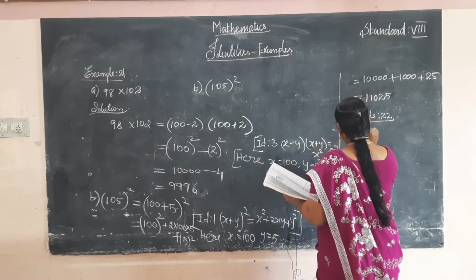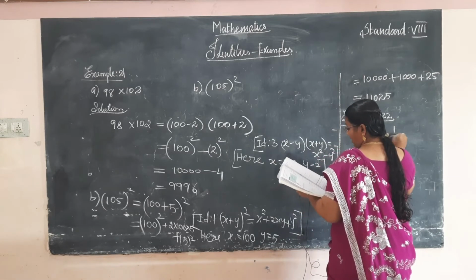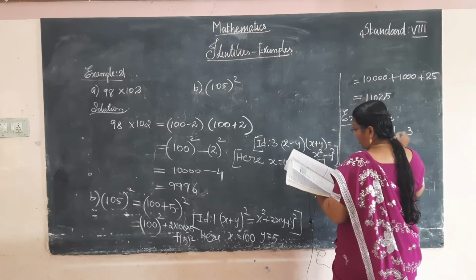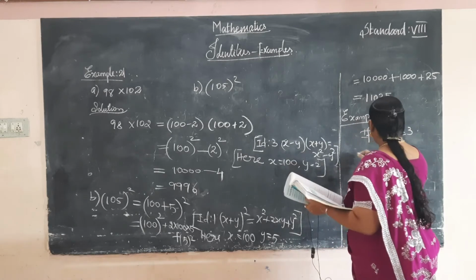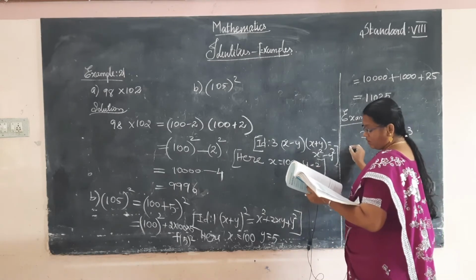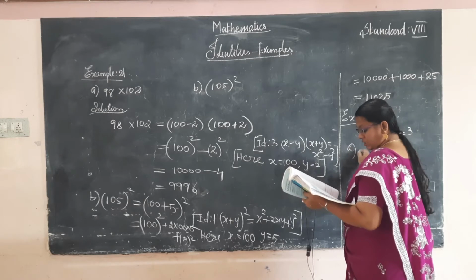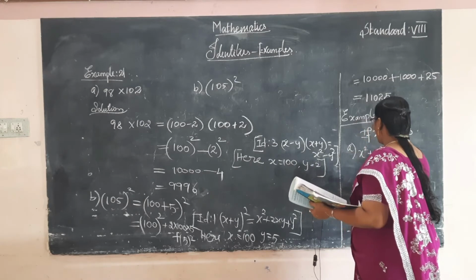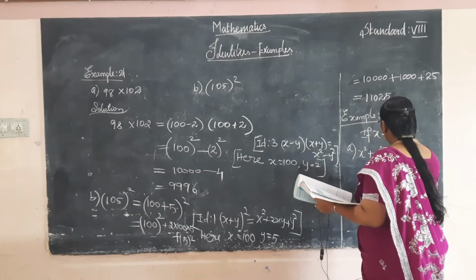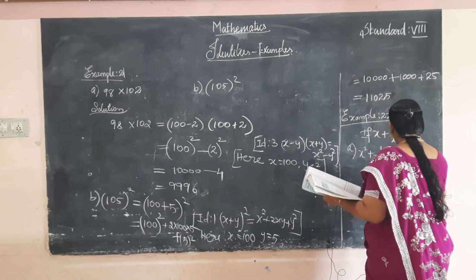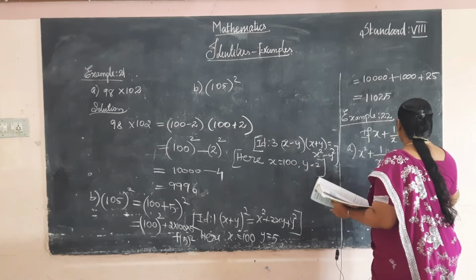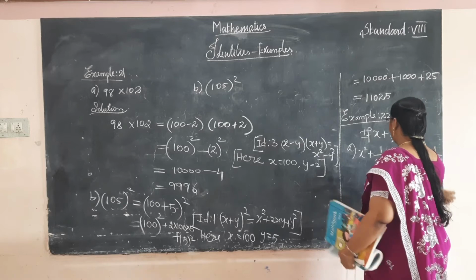If x plus 1 by x equal to 3, find the values of: first one, x squared plus 1 by x squared, and second, x power 4 plus 1 by x power 4.